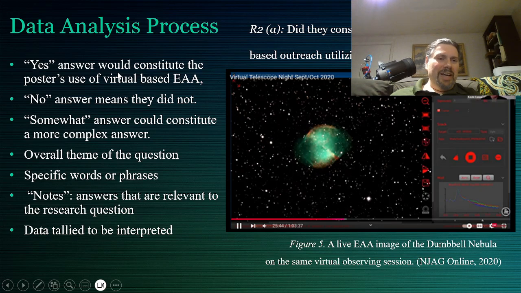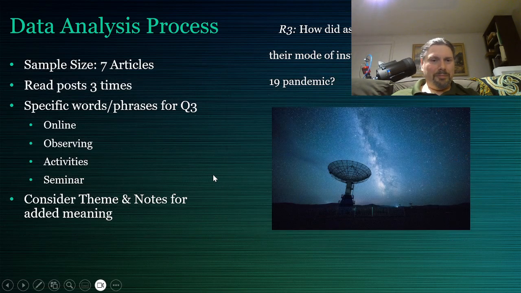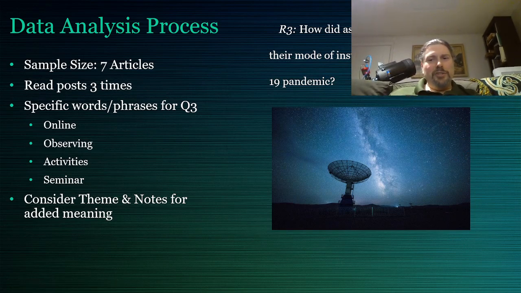But going back to data analysis, again, the yes and no is kind of a 1 and 0. Somewhat is more complex, and then you would go back to your notes and look for themes once again here. Research question 3 is basically looking at astronomy educators and what they did.